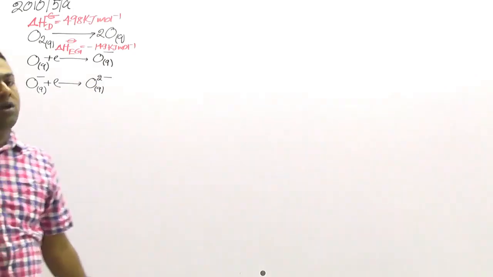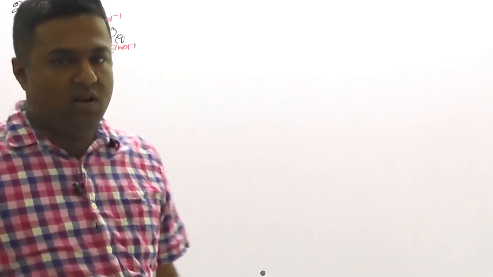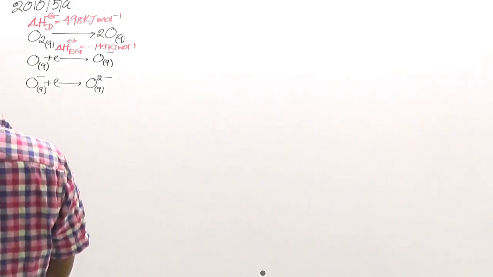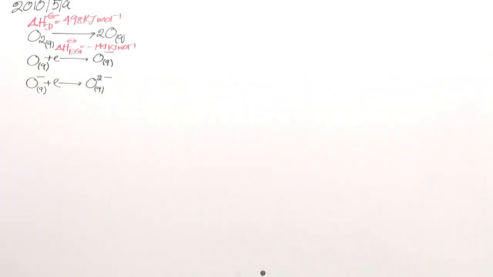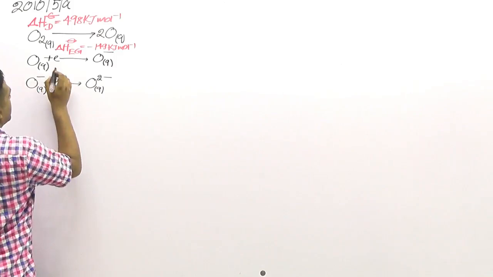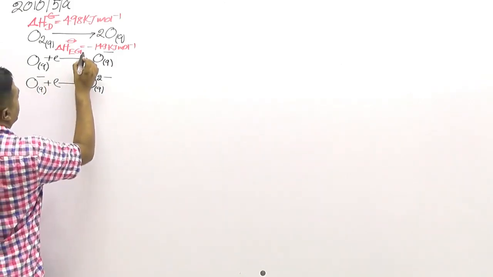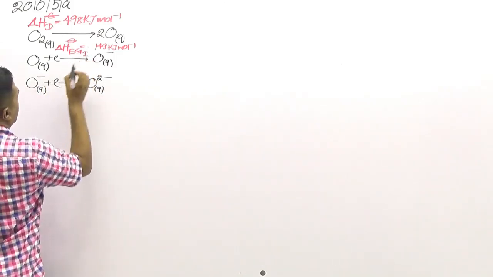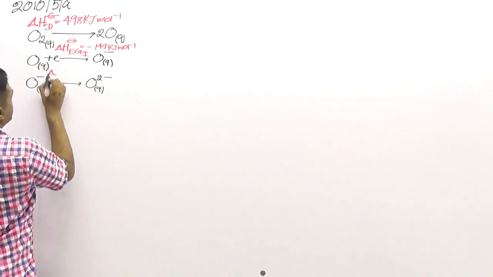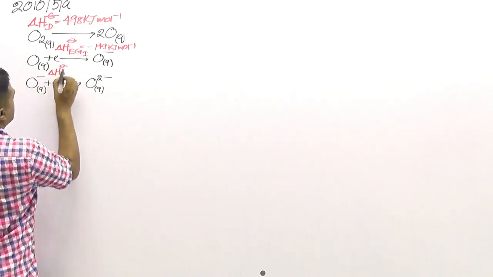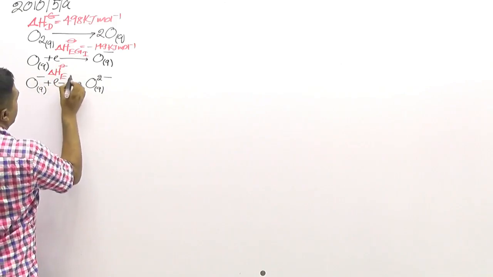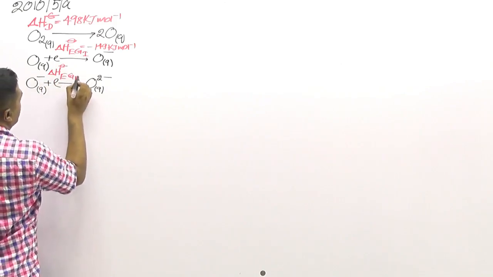This is delta H naught electron gain enthalpy 1, and this is delta H naught electron gain enthalpy 2.